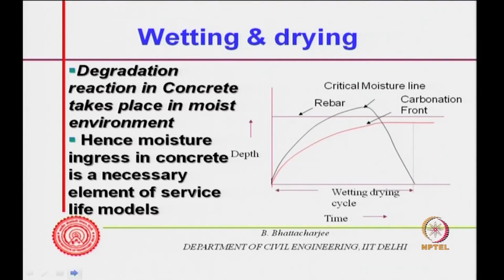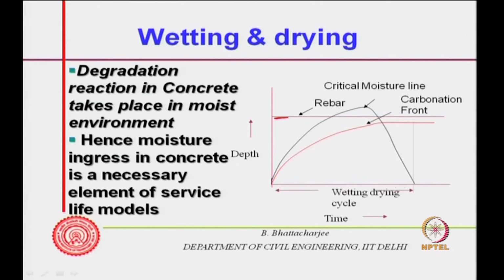If you look at it, for example, in our kind of climatic condition, this is your reinforcement bar, and there is a critical moisture content above which carbonation will not start.